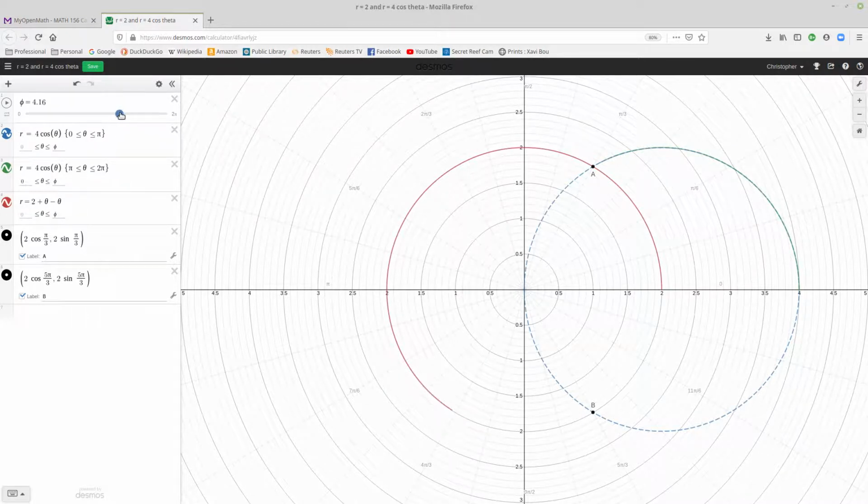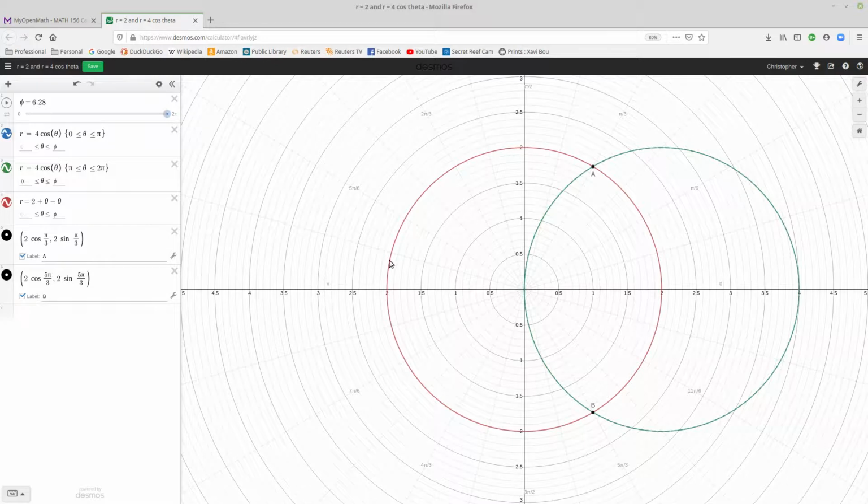And so we can see that whenever the red curve is not quite finished, not even 3/4 finished, the 4 cosine theta curve is already lapped back around to A for a second time. And the significance of the point B is that it is yet another intersection of these two curves.